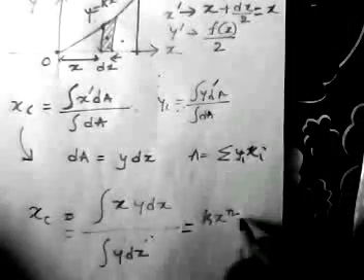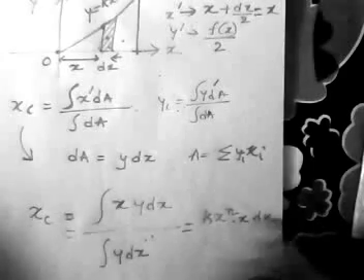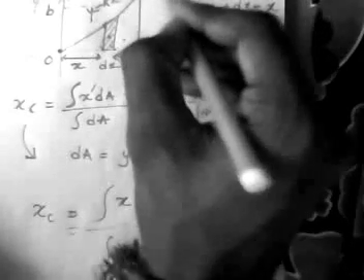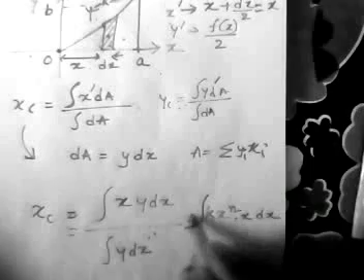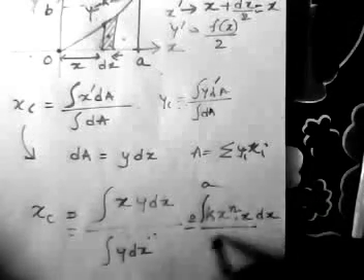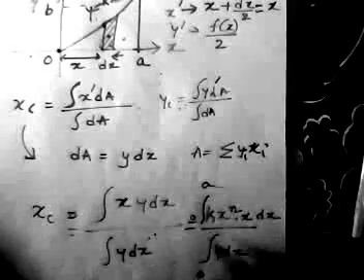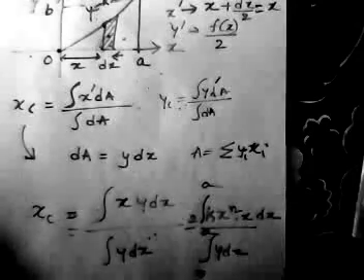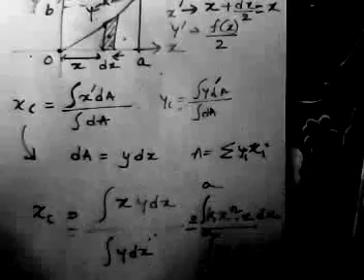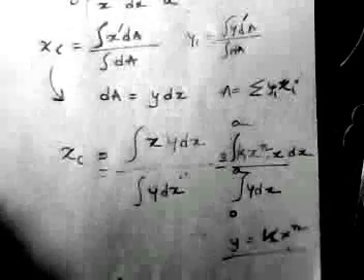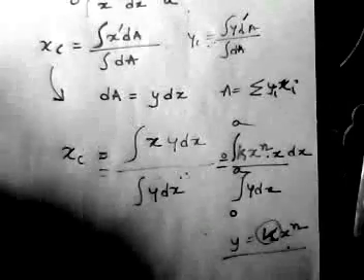Now this x c can be written as x dash, which if you approximate is x, since dx by 2 is very small and neglected, so x y dx over y dx. Here y is the function of this curve, k x to the power n, so k x to the power n times x dx.